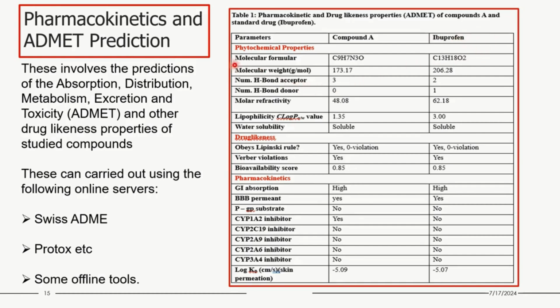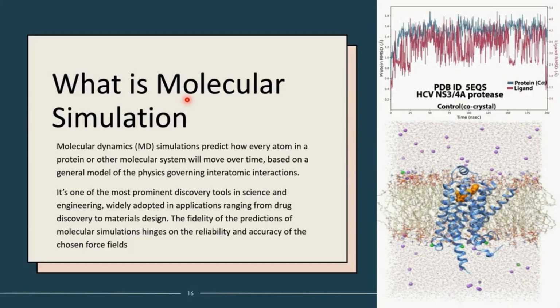You can see the phytochemical properties, the drug likeness properties, and the pharmacokinetics properties. So this is an excerpt of the table that helps you summarize the drug likeness property of your compound or your synthesized product, which needs to be attached to your work as well after performing docking and all that. Of course, when you go through that, you see the different properties of this particular compound.